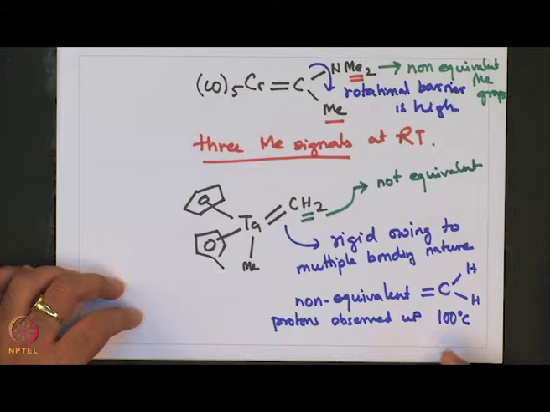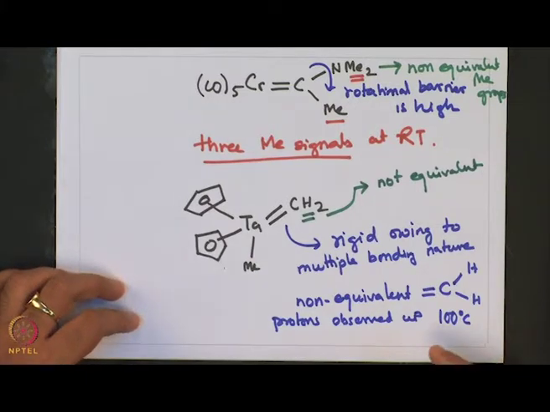degree centigrade. So, what we are seeing is that proton NMR is providing some extremely useful insight about the dynamics of these carbene compounds in solution, particularly with respect to the metal heteroatom rotation, or with respect to the metal carbenic carbon rotation, by looking at the equivalent or non-equivalent nature of the substituents on the carbenic carbon or of that on the heteroatom.